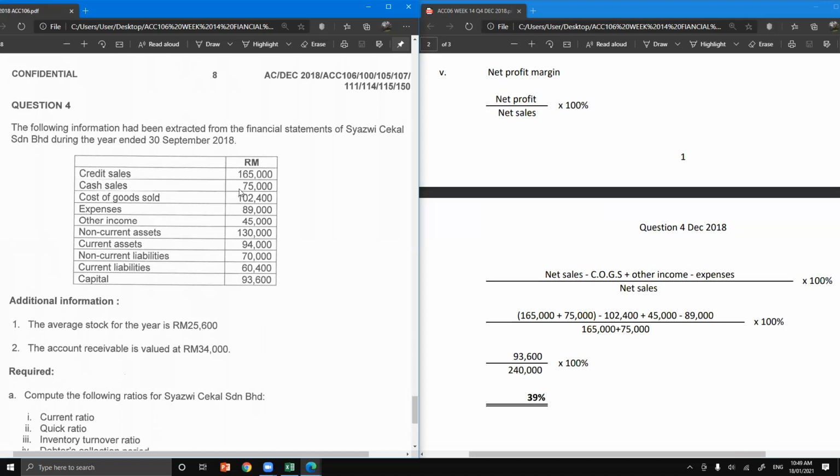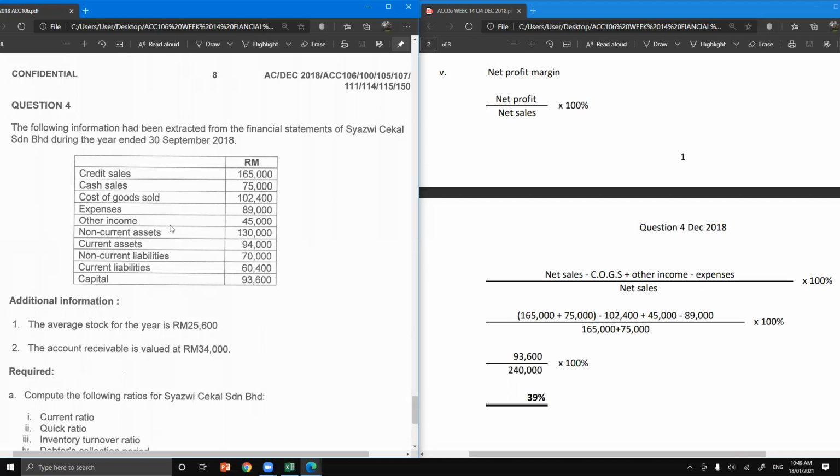And then return inward is not given, so we cannot get the net sale. So we just assume the total sale is equal to the net sale since return inward is not given. And then minus the cost of goods sold. Cost of goods sold is in the question at 102,400 ringgit.